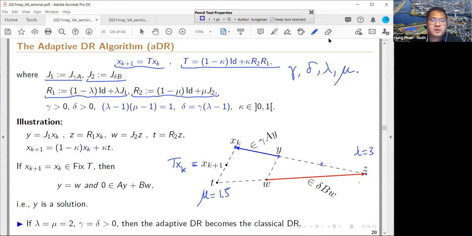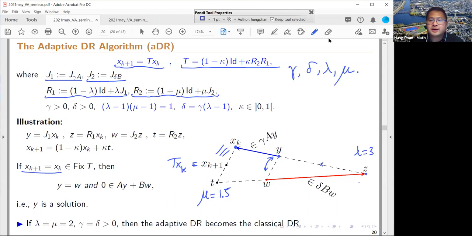In this way, when x_{k+1} and x coincide, I will also have y and w coincide, for which I will generate two vectors in the opposite direction, and then only the matter of scaling will give me the zero sum. So that's the whole point of the adaptive Douglas-Rachford algorithm.